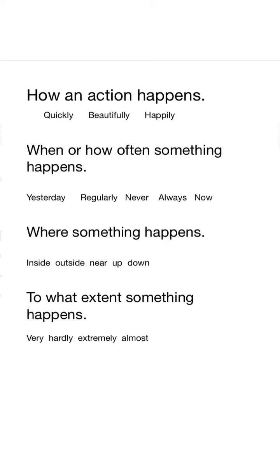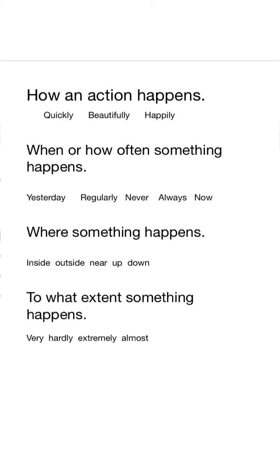Almost means very nearly but not exactly. So these questioning words like how, when, where, to what extent, when you get the answer to these questions, the answer that you get is an adverb.